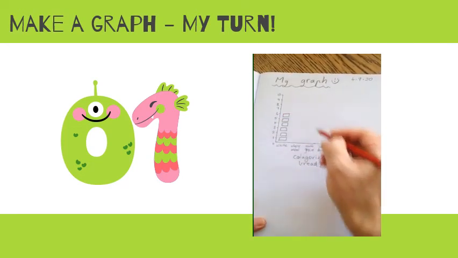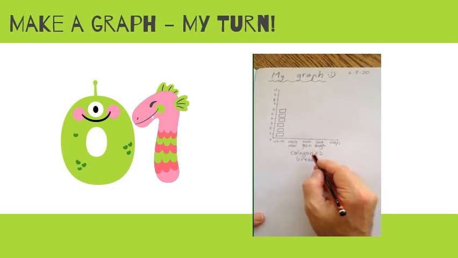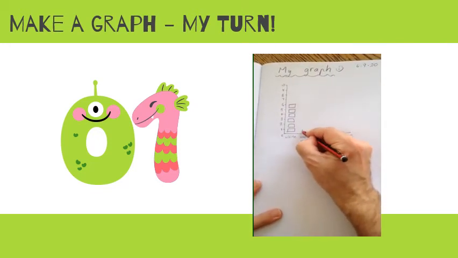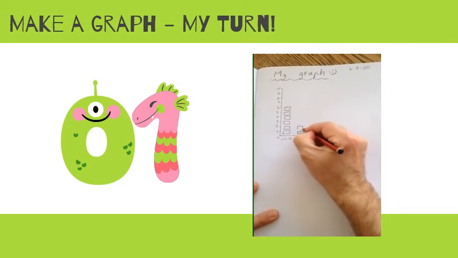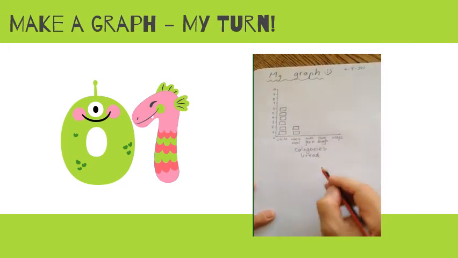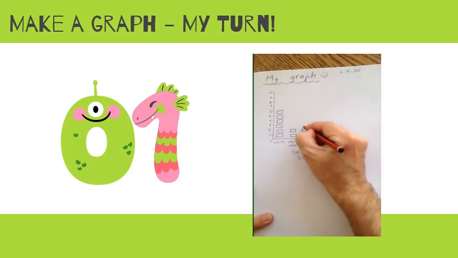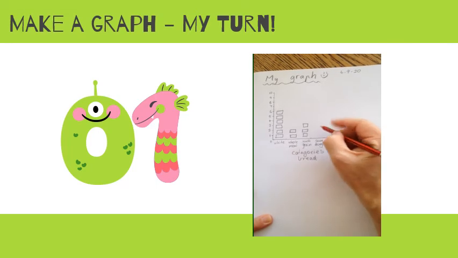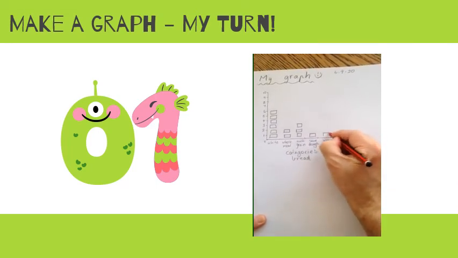You don't need to draw it exactly correct, it just needs to be a representation. And wholemeal was 2. Do you see how I make the shape the same every time? And then multigrain, 1, 2 and 3. Sourdough was 1 and wraps was 1 as well.